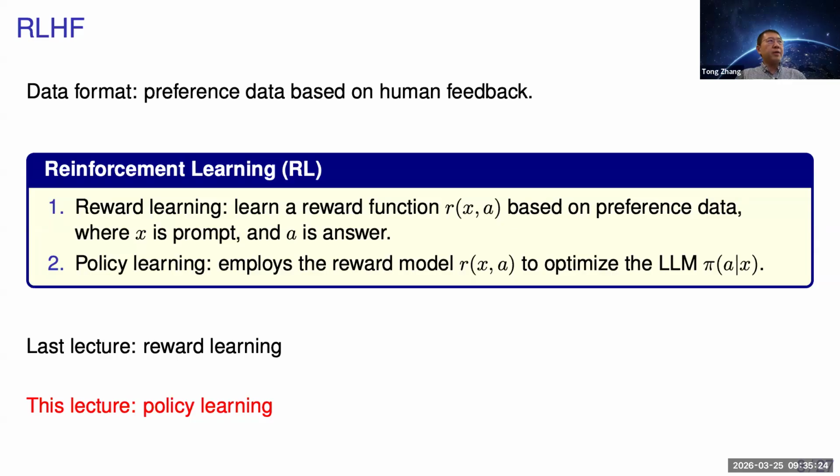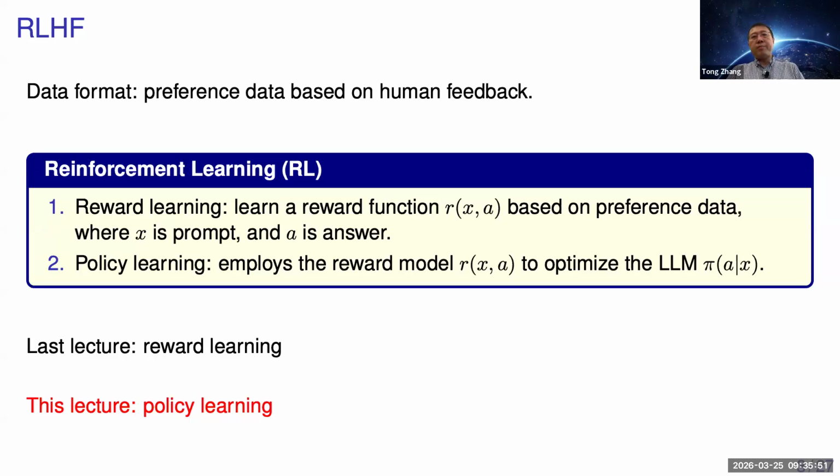For the first algorithm, it turns out that DPO, direct preference optimization, does not require a reward model. As we will see, it's related, but once you derive it, it bypasses this reward modeling. So this is the first algorithm. And then we eventually argue why we still need a reward model.